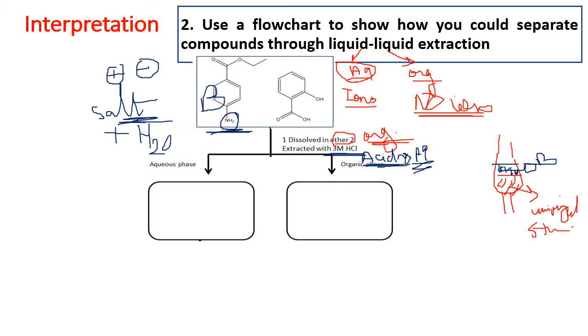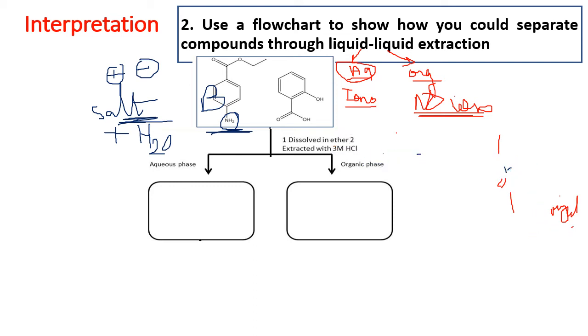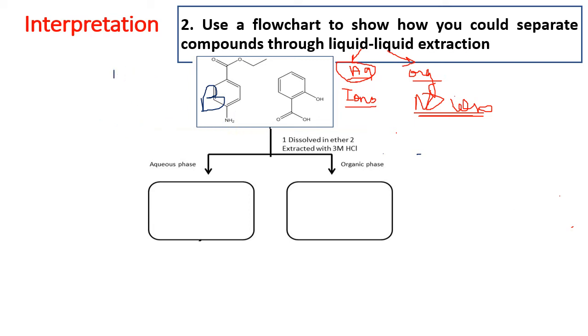Okay? Again, let's try to answer this question after all these hints and explanation. You will be given a question like this, and you will be asked, how can you separate those two compounds? Once you look at your question, first you have to decide the nature of the compound.